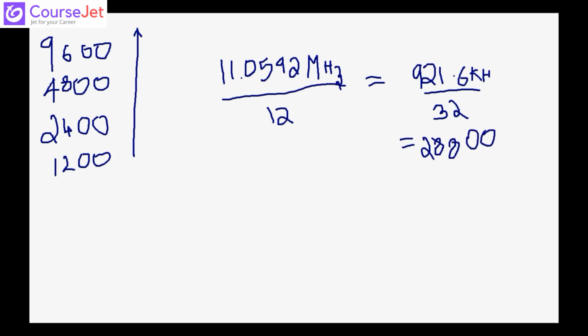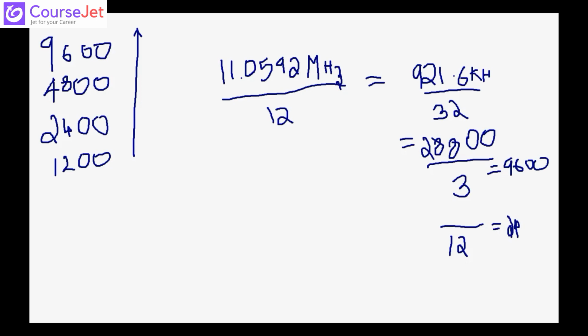Now if you divide this 28,800 by 3, you will get 9,600. If you divide it by 12, you will get 2,400, which is your third one. Similarly, if you divide it by 6, you will get 4,800, and if you divide it by 24, you will get 1,200.